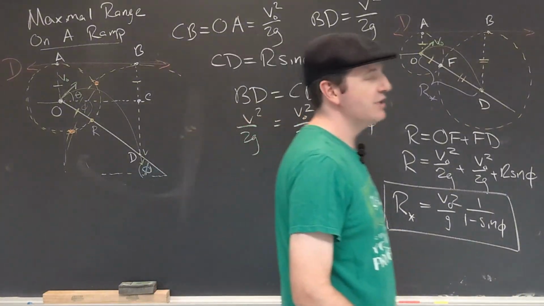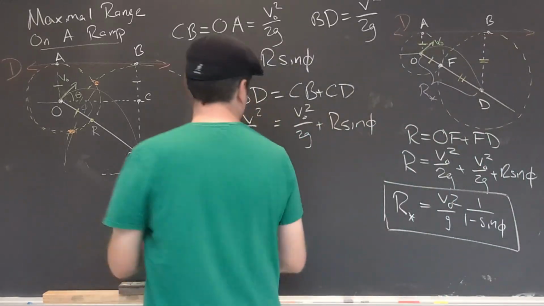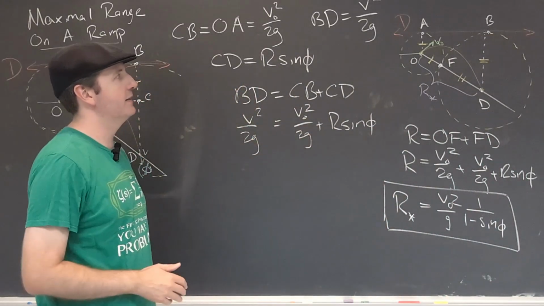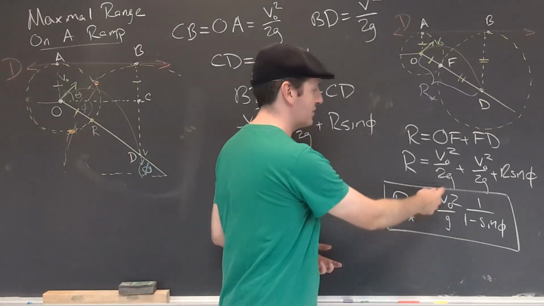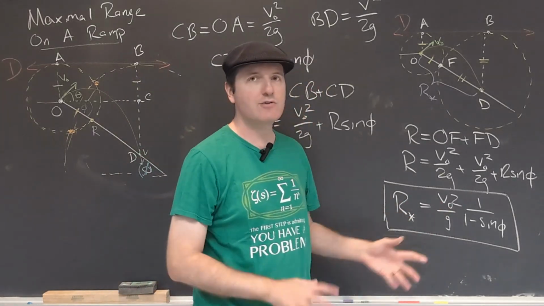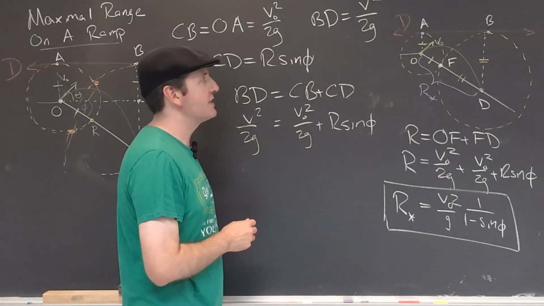Okay, so we have this nice geometric derivation of the maximal range on a ramp in terms of the launch speed. Of course, I could turn this around and solve for the launch speed in terms of a range in case I want to find the minimum speed to reach a particular distance.